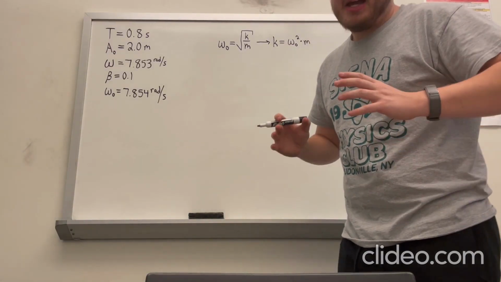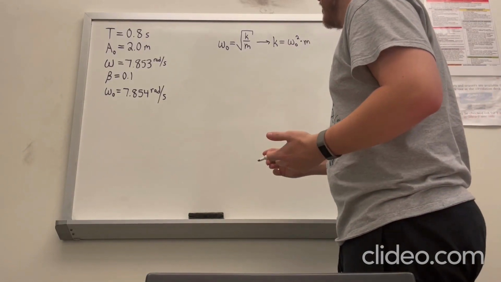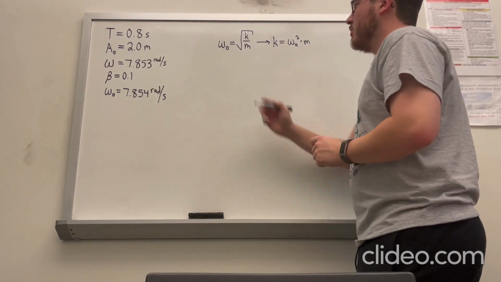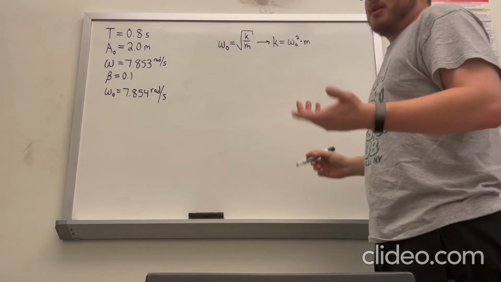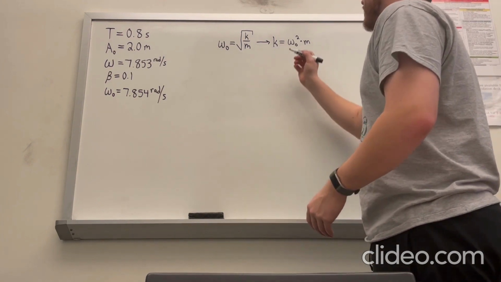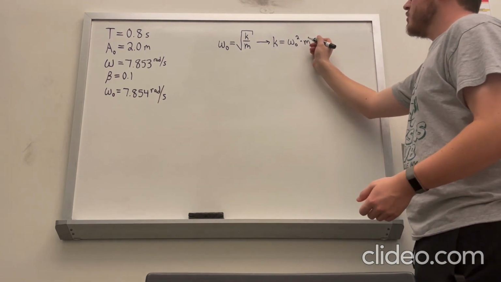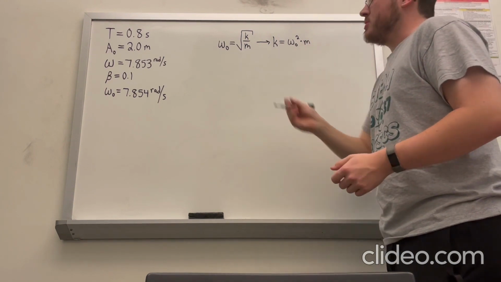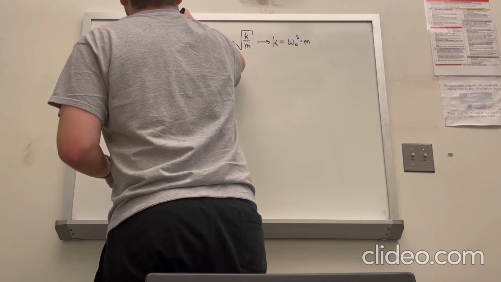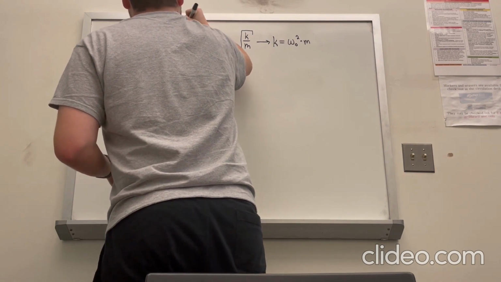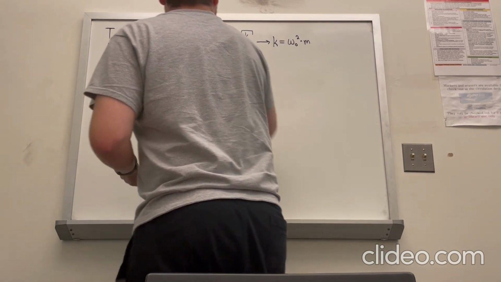Okay, so now we're asked to find the spring constant k, and we can use the equation omega naught equals the square root of k over m. Rearranging, we get k equals omega naught squared times our mass, which is 3.0 kilograms.